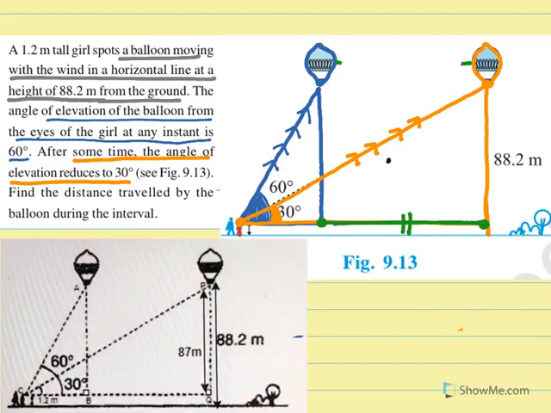So here's a neat diagram. This is the girl here, and she watches the balloon first in this position. So we have this triangle, and then the balloon moves away and she watches the balloon now here making a different angle, right? And this is the ground.